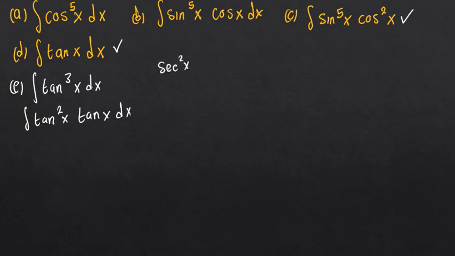secant squared x is equal to tan squared x plus 1. Therefore tan squared x is equal to, well, am I writing the correct thing?